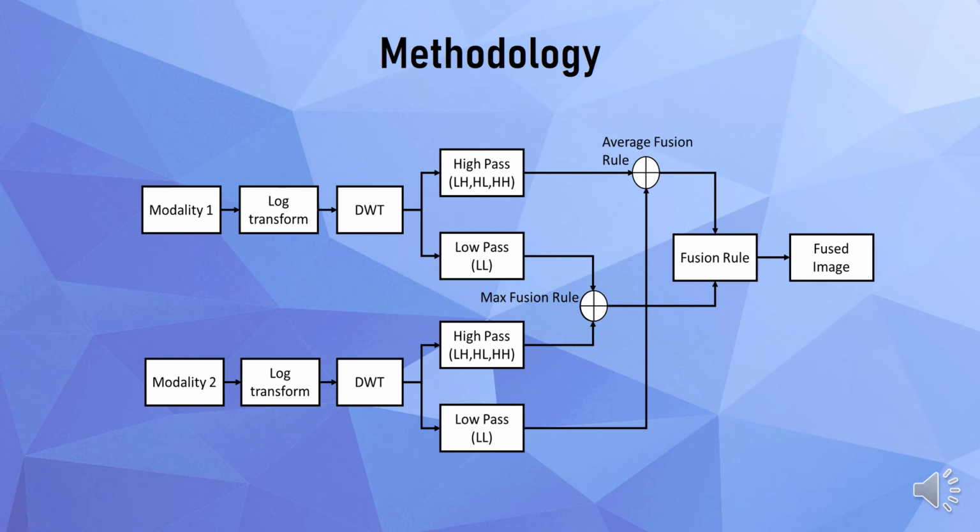We did this because we don't want to use the reflectance information from the low frequencies, because most of the illumination is in the low frequency, whereas the reflectance is at high frequency and also at low frequency.